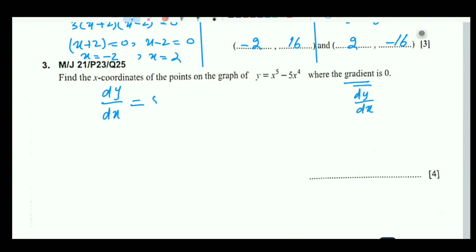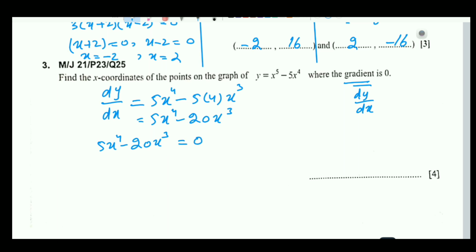So 5x, 5 minus 1, 4, minus 5 into 4, x, 4 minus 1 is 3. 5x to the power 4 minus 20x cube is the differentiation of that equation. Now gradient is 0, it means that 5x to the power 4 minus 20x cube is equal to 0.